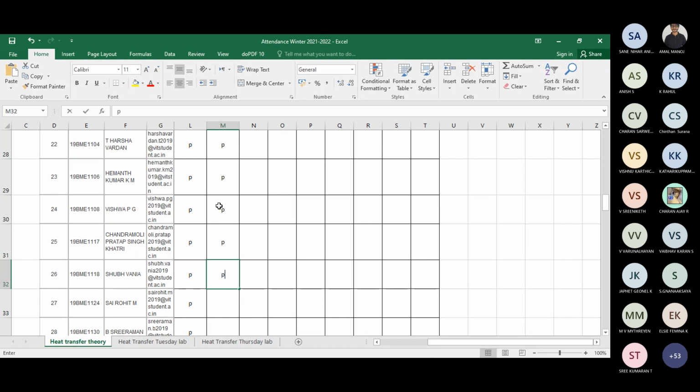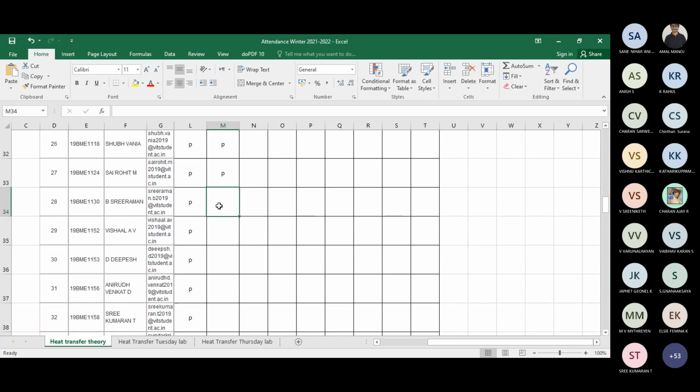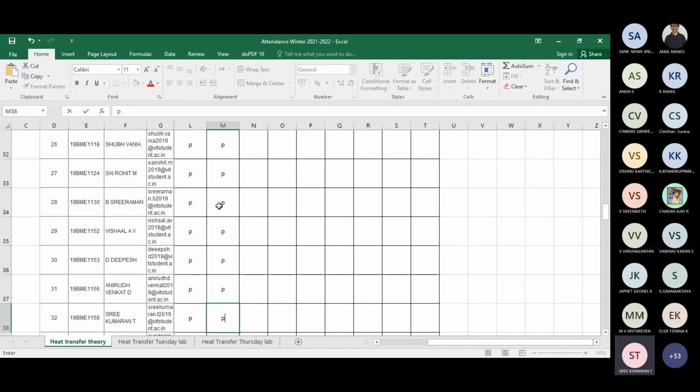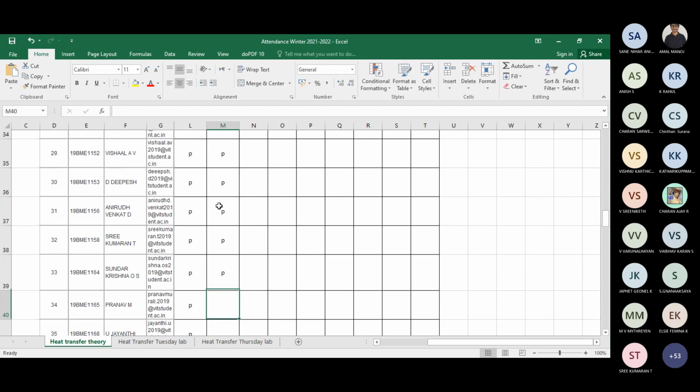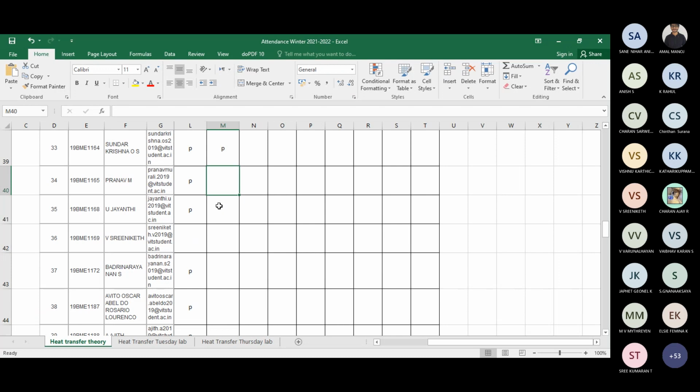Sai Rohit, present, sir. Deepesh, present, sir. Venkat, yes, sir. Srikumaran, present, sir. Sundar Krishna, present, sir. Pranav, present, sir. Jayanti, present, sir. Niket, present, sir.